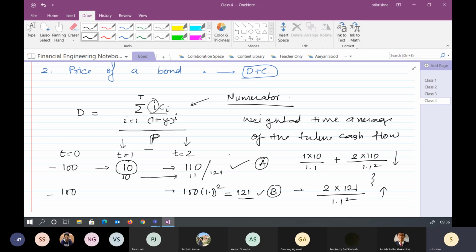If it is not, then definitely the bond which has a higher maturity will have slightly more duration compared to the other one. So when we talk about duration, we generally try to say what the risk associated with us is.